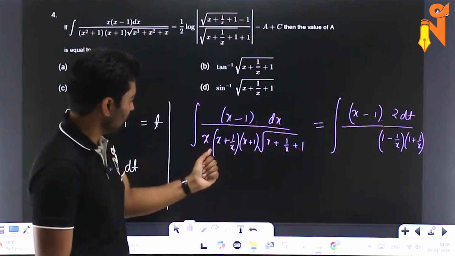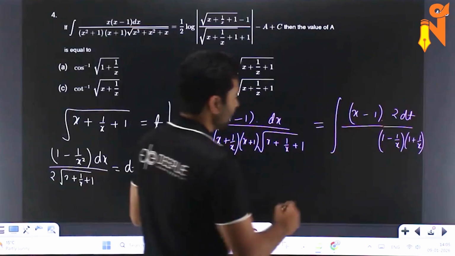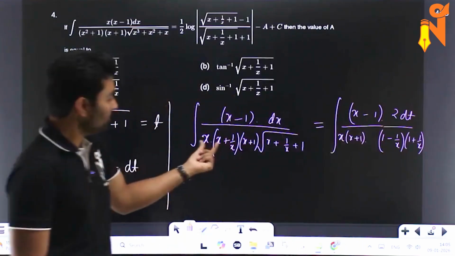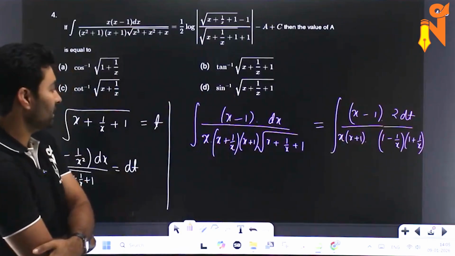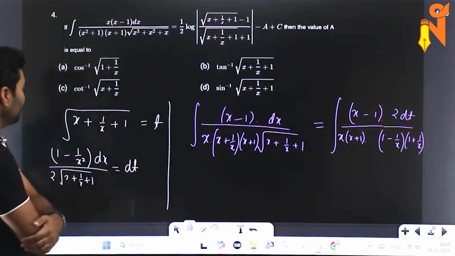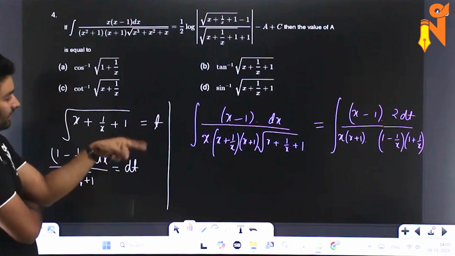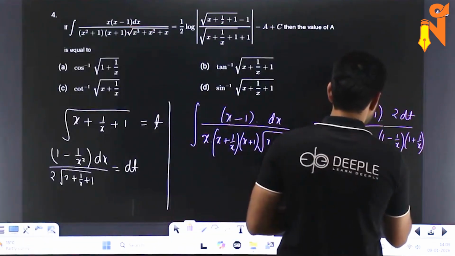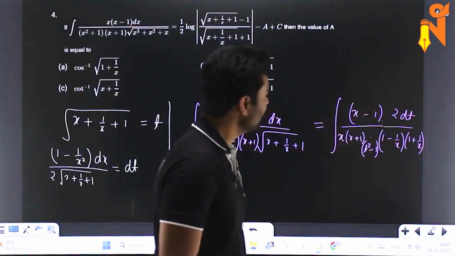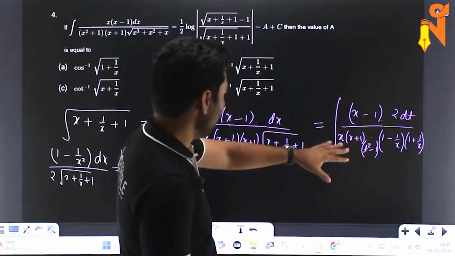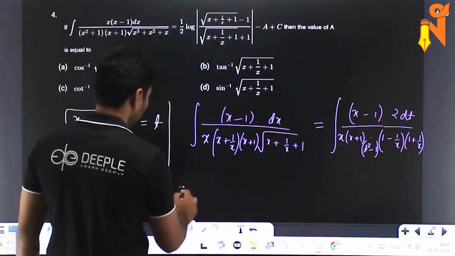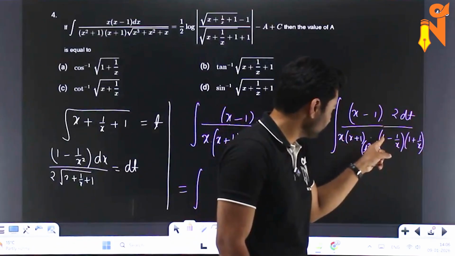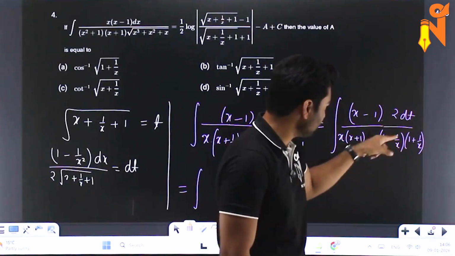Then these expressions: x into x plus 1, x plus 1 by x. If you focus here on x plus 1 by x, you will see that this is actually t square minus 1. This is t square minus 1, so into t square minus 1, into this t. Now obviously many expressions will get cancelled. Take LCM, x minus 1 by x minus 1 cut.